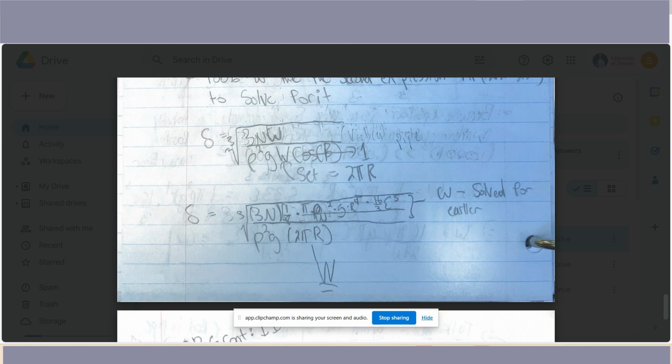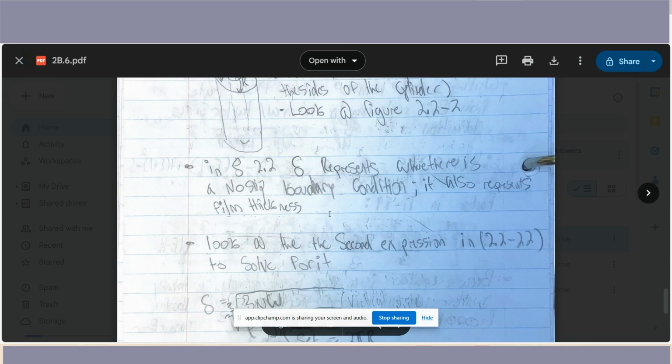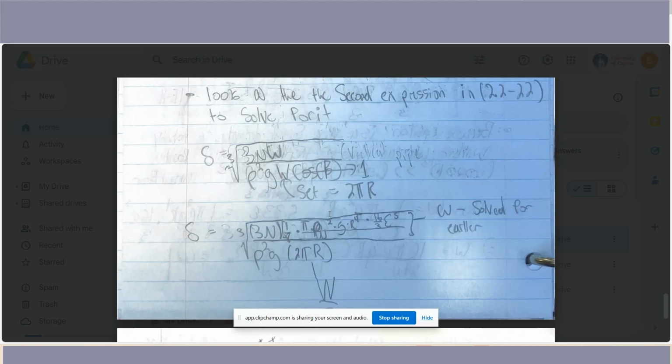Solve for W earlier. Oh yeah, this is mass flow W. I guess you can do average velocity too, since this is also a pretty big expression, but I'm just going to do mass flow. Cosine B equals 1 because our cylinder is vertical, so gravity is acting completely along it.